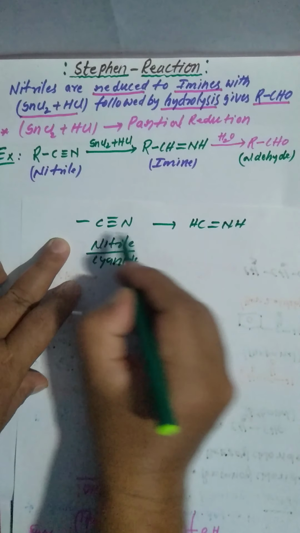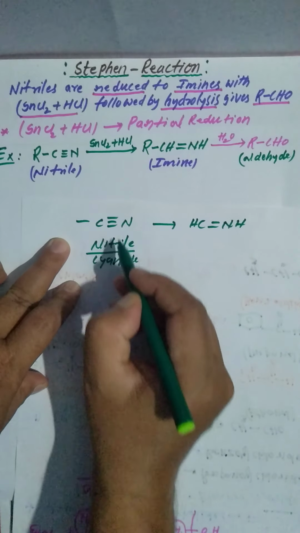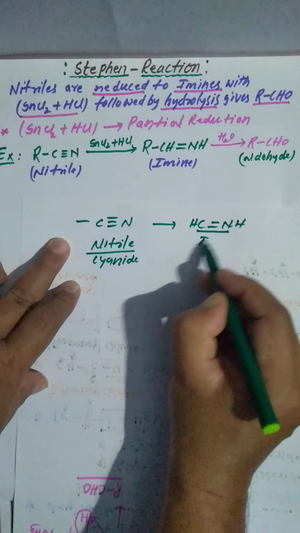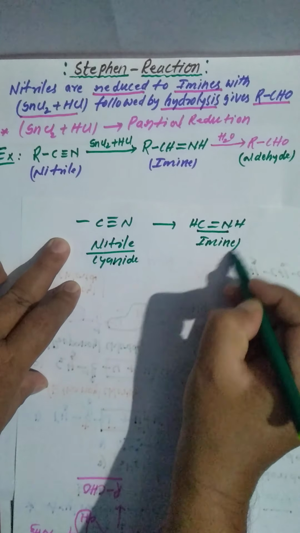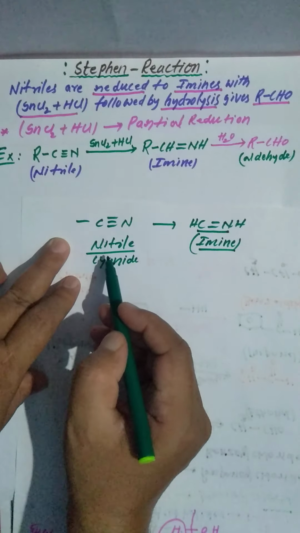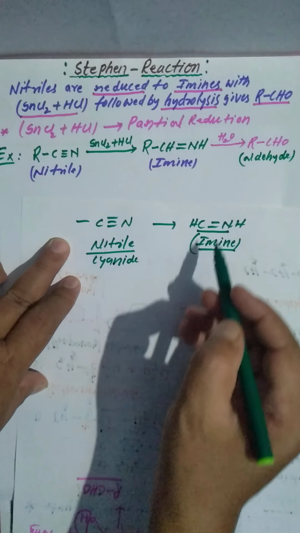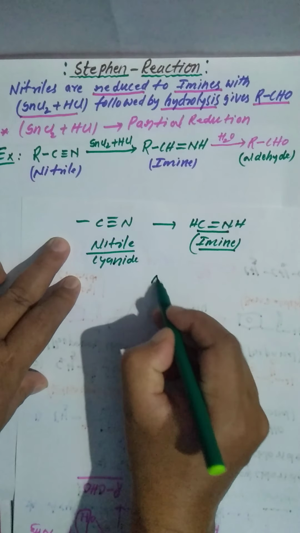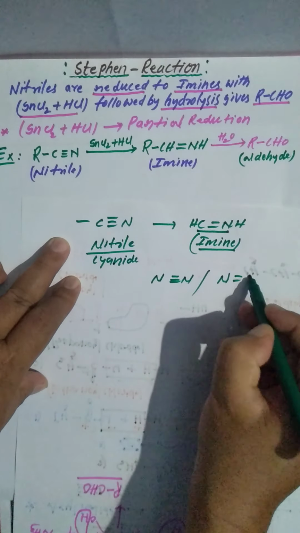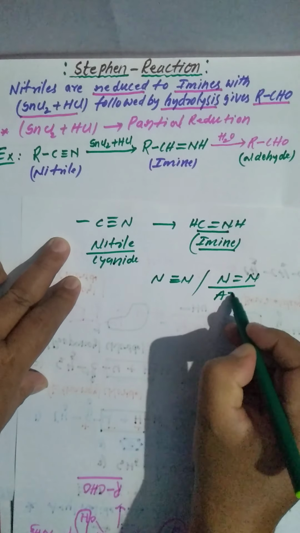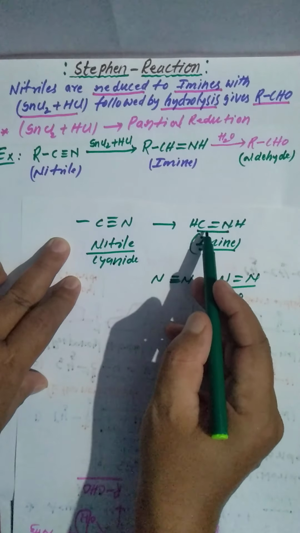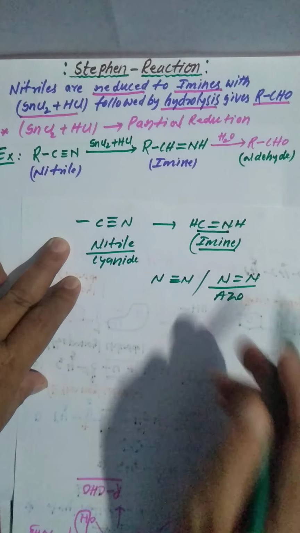C triple bond N is there, nitrile or cyanide. C double bond N is there, this we are calling imine. Clear? Like we have here N triple bond N, nitrogen. N double bond N we are calling azo bond. Similarly, C triple bond N is there, nitrile. C double bond N is there, imine. This you have to get.